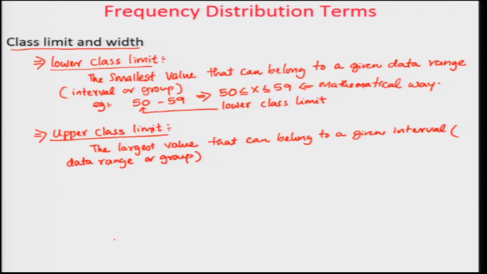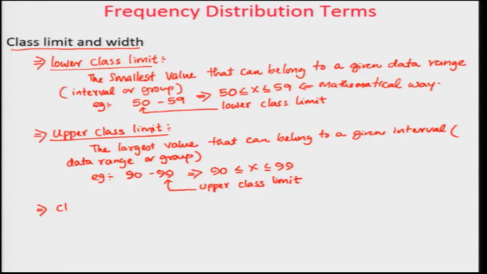Now let us take an example: 90 to 99, which implies 90 less than or equal to x less than or equal to 99, and this 99 is the upper class limit. So, you now understand the two terms. In any class you require an upper class limit and a lower class limit. Then the third term we need to know is class width.